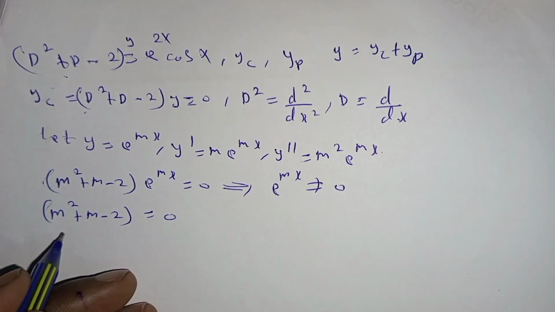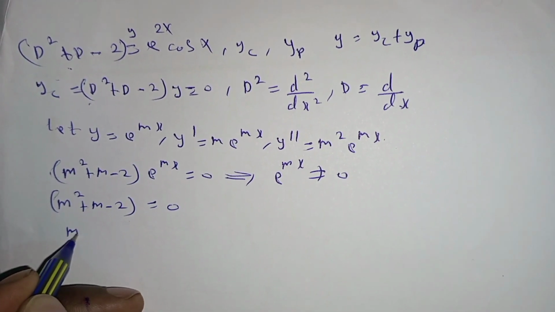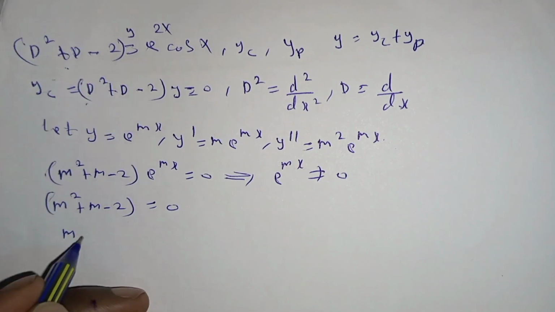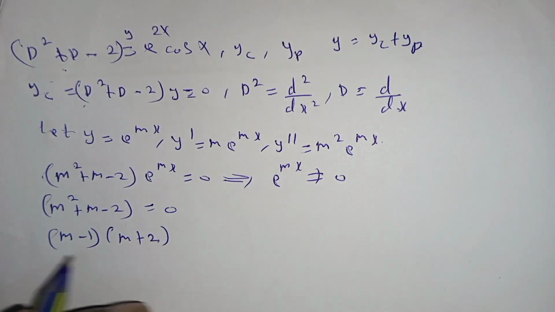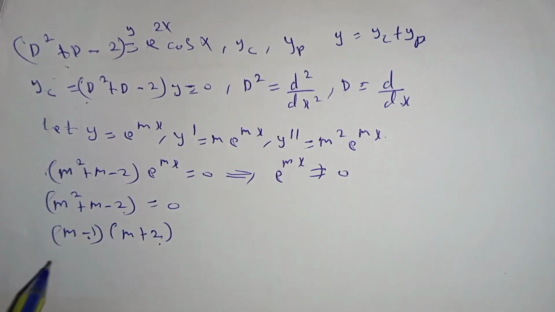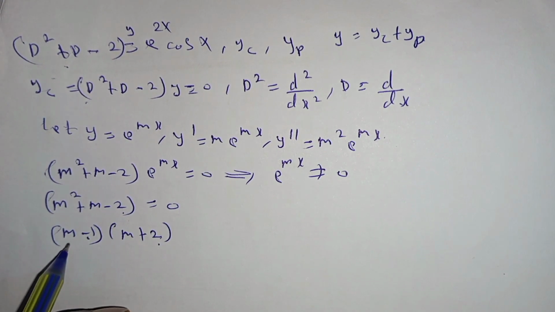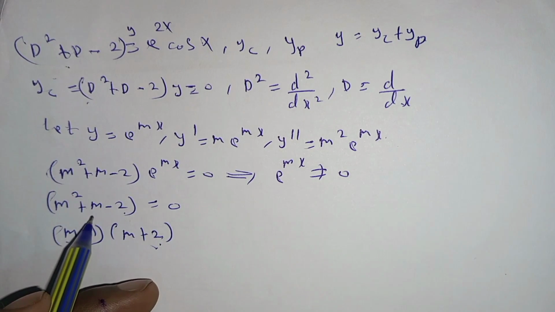So this is a quadratic equation which can be factorized as m minus 1, m plus 2. Because when you have negative 1 times 2, it will give you negative 2. And you will have 2m minus m, which will give you this part.